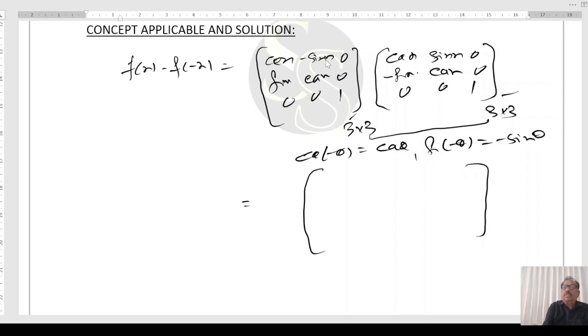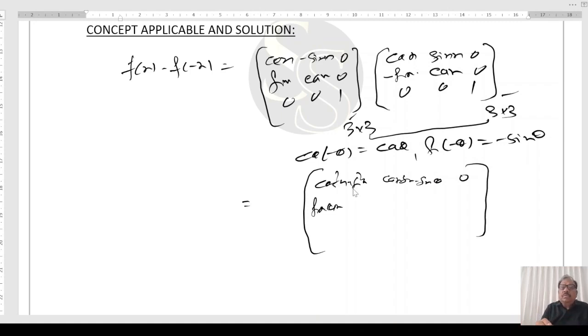The first row, first column is cos square x plus sin square x. This into this, this into this, this into this. First row, second column: cos x sin x minus sin x cos x, then 0. Second row, first column: sin x cos x minus sin x cos x.